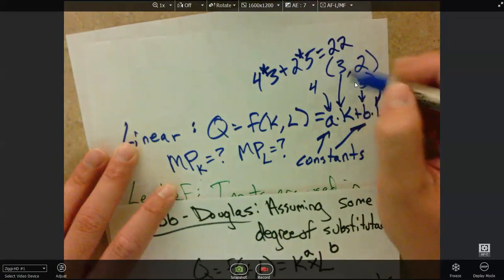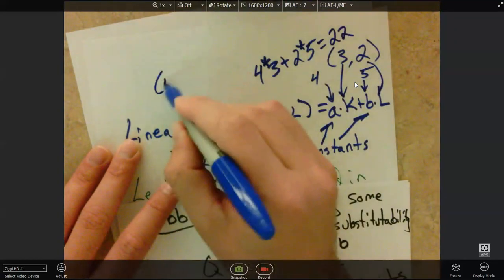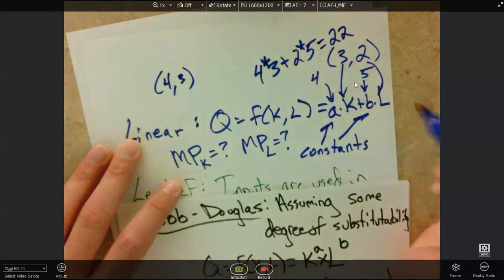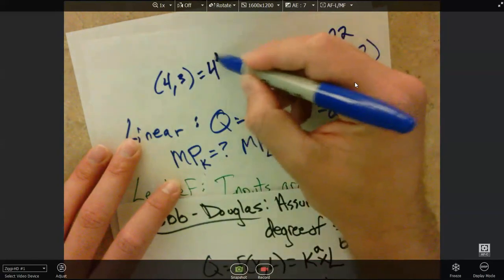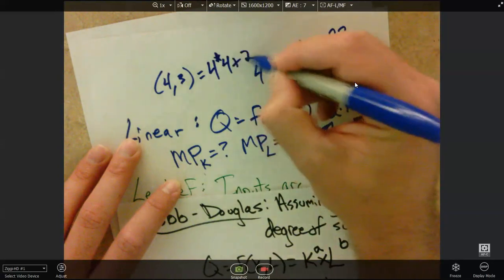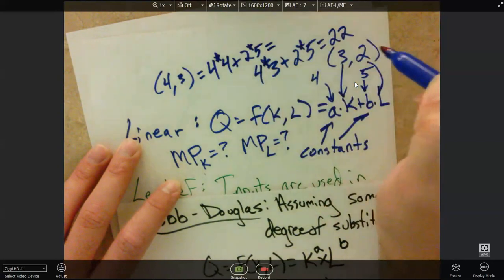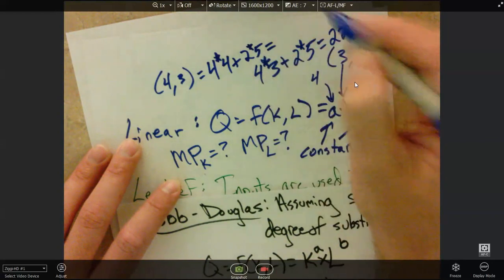And then what happens if I increase and go to 4 units of capital and 3 units of labor? Then I'm going to have 4 times 4 plus 2 times 5, so it ends up being 26, right?